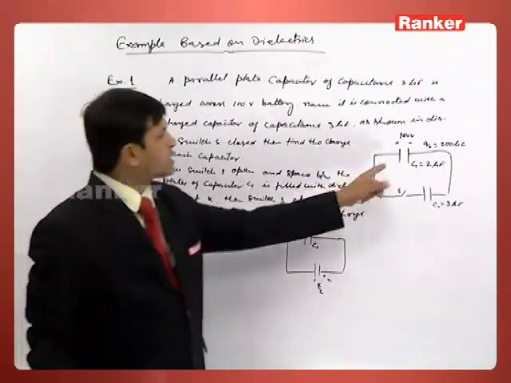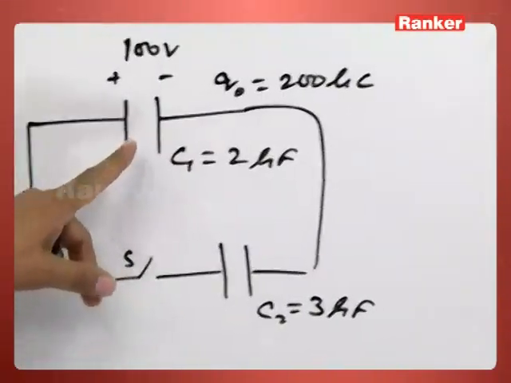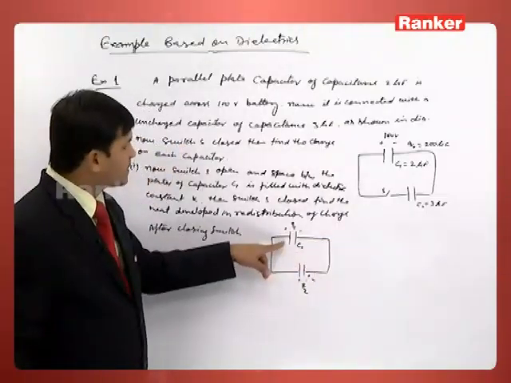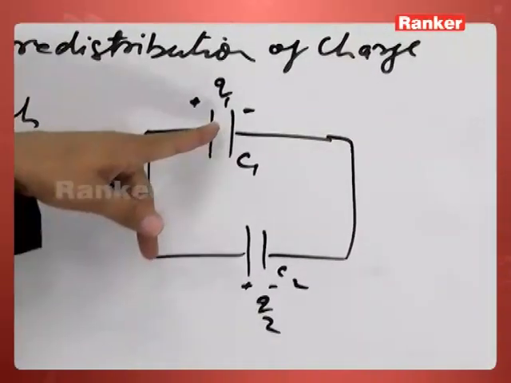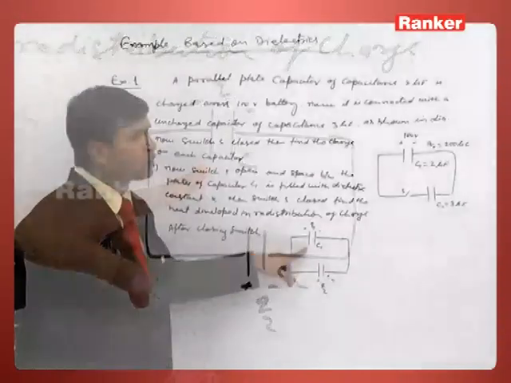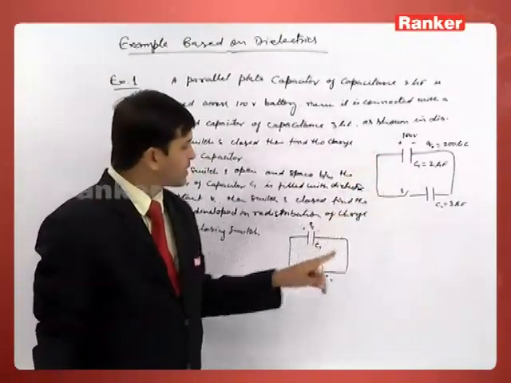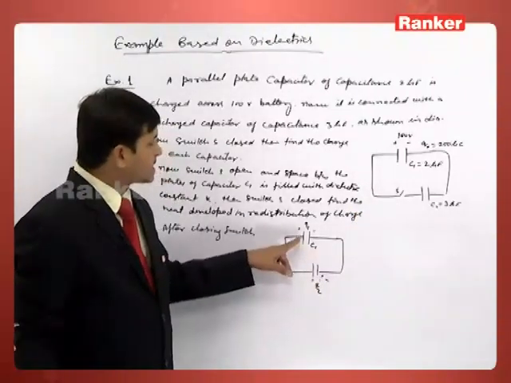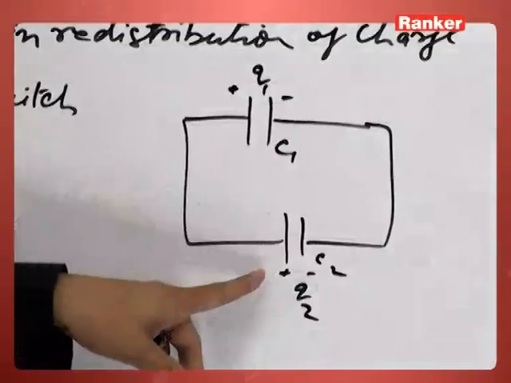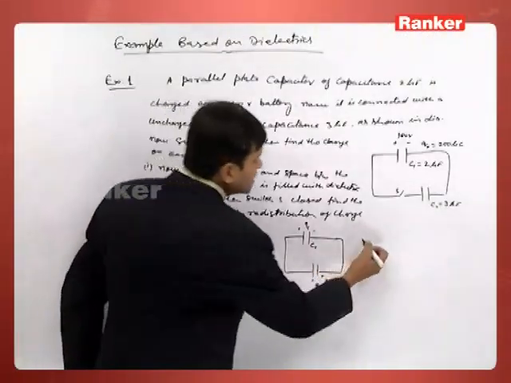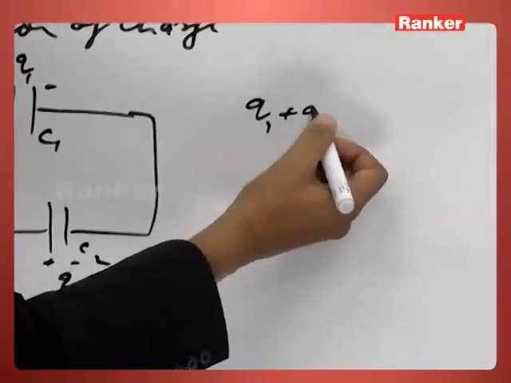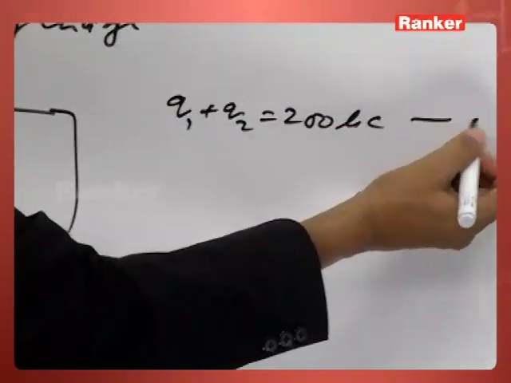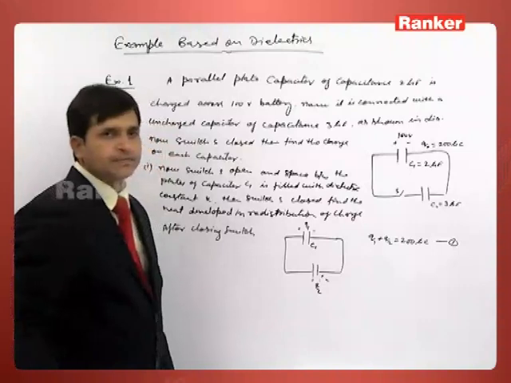Whatever charge is on this plate can go on this plate only. So whatever distribution of charge takes place is between these two plates. So the initial charge on this plate was 200 microcoulomb. And now the final charge means after closing the switch. Here I assume charge Q1, here Q2. So the first equation we can have: Q1 plus Q2 is 200 microcoulomb. This is the first equation.